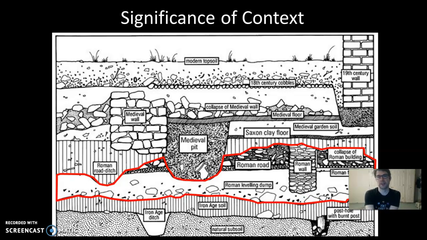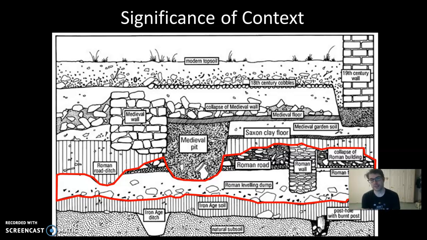So for example, we can tell that the Roman road was built, but a road ditch was made for draining the road. We can tell that there was a house or a building of some kind at the edge of that road because we have a wall and we have a Roman floor. And we know that this was all built at the same time because a level of soil was put in underneath it to level it out so everything can be built.